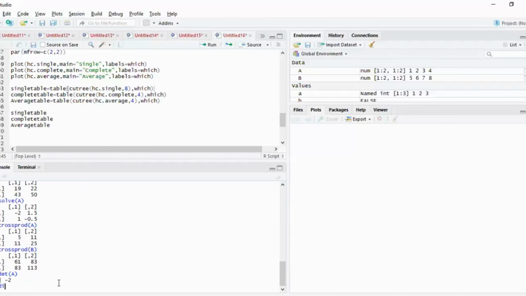There is another command called diag A. Diag A will always fetch you the diagonal elements. Is that clear, my dear friends?